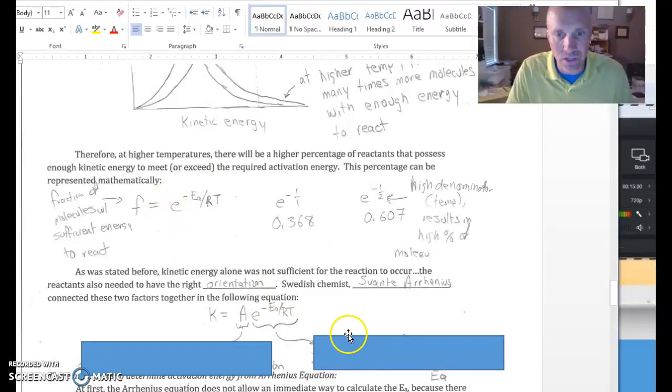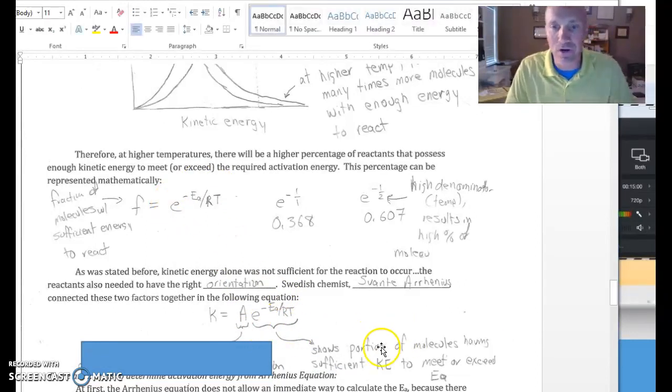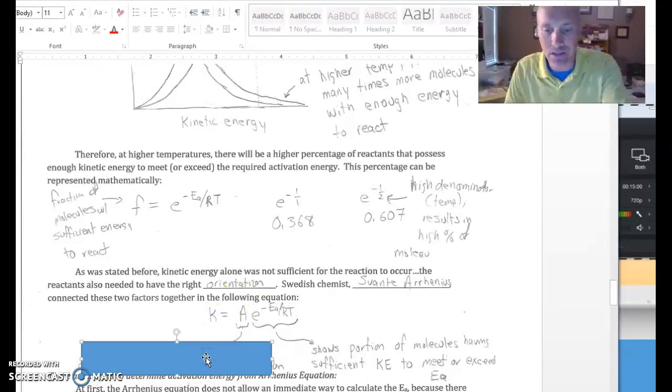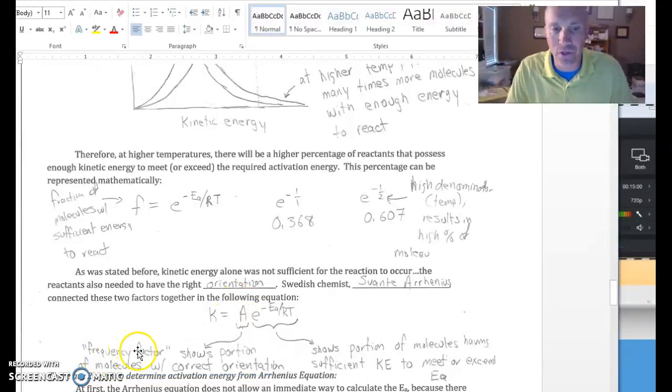So this part of the equation shows the portion of the molecules that have the required activation energy. A is an expression called the frequency factor, which shows the portion of the molecules that have the correct orientation. Essentially, for some reactions you have tighter requirements for the correct orientation, and sometimes you have looser requirements, and that would show up right here.